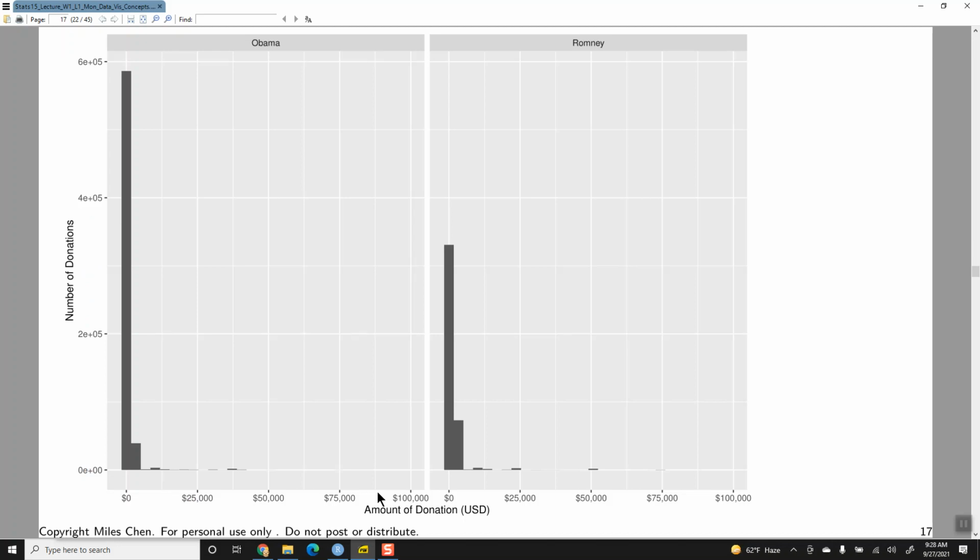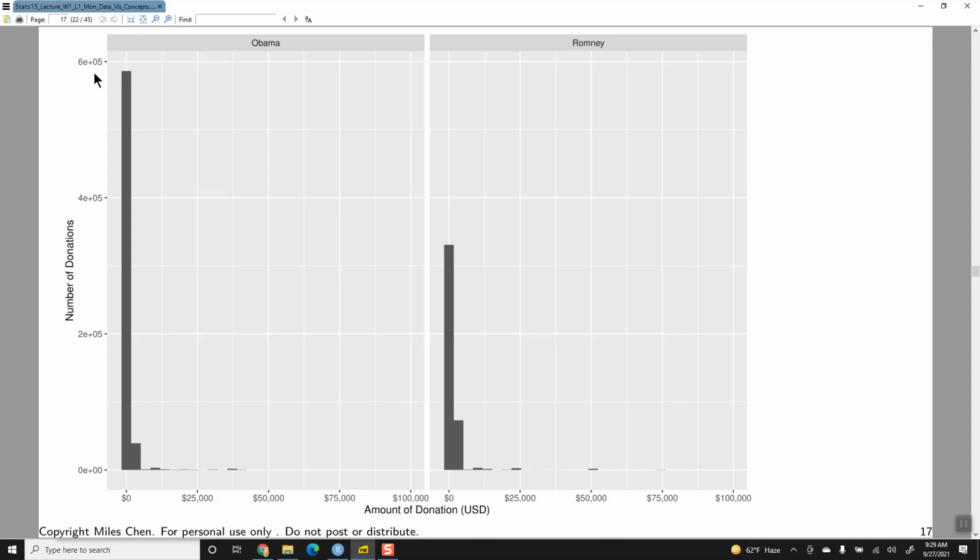I guess we never assumed anything. Have you guys seen a histogram before? Okay, maybe, yes, all right. So the idea here is you've got this bin that represents money between $0 and $2,000. How many people gave between $0 and $2,000? It says 6e to the 5, so I guess that's 600,000 people. 10 to the 5 is something around 100,000.